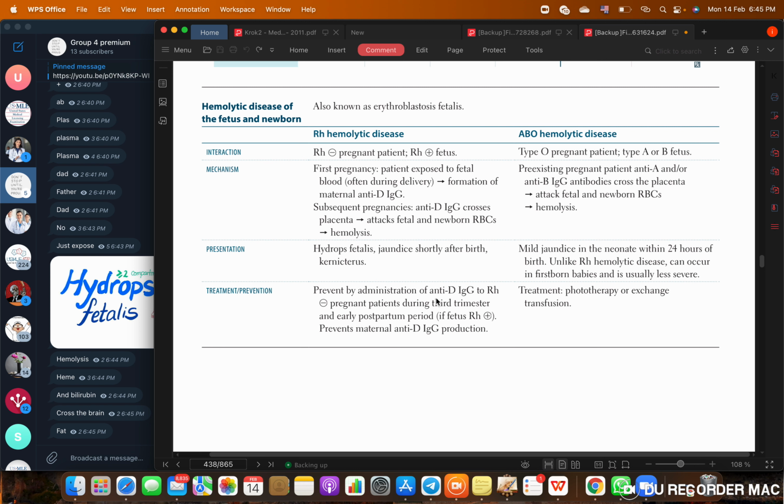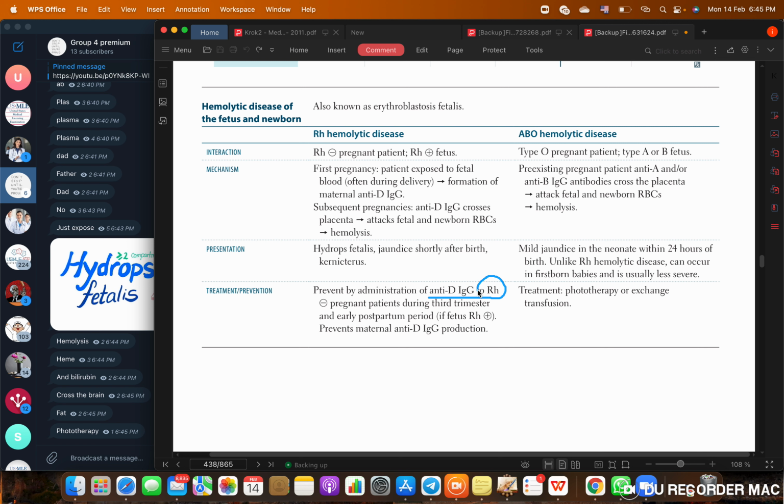You prevent it with the administration of anti-D IgG to an Rh negative mother. So no, we are speaking about prevention, not treatment. I'm a man, I'm B positive. I know that my wife, for example, is B negative. So I want to prevent her from making the antibodies, okay?